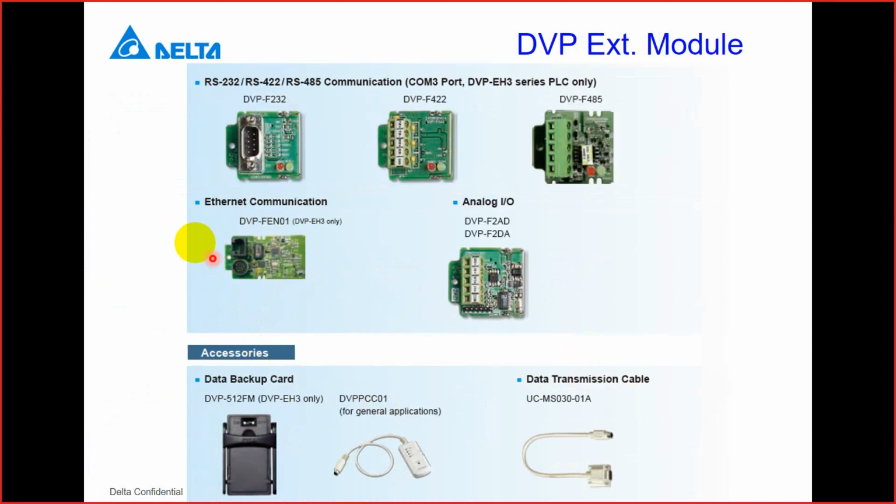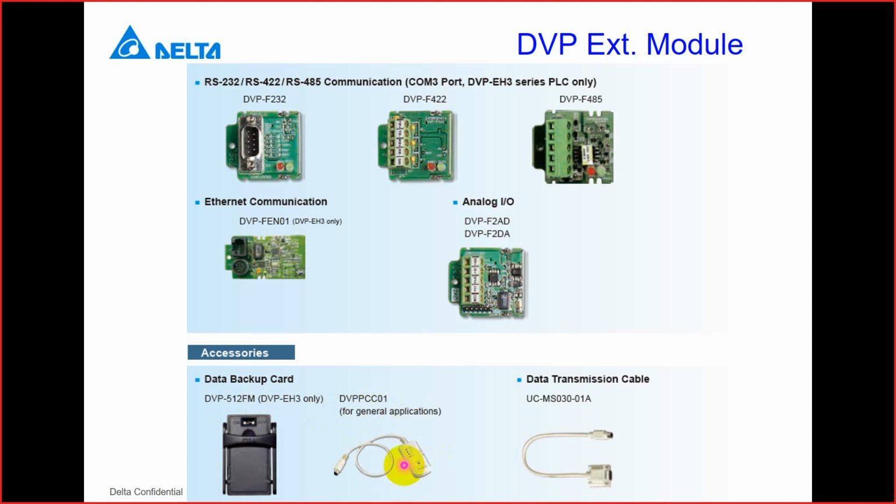Okay, and here is also some, if you want to add on the Ethernet communication on each series. And here is some accessory that if you want to use the data backup and the DVP PCO CO1.